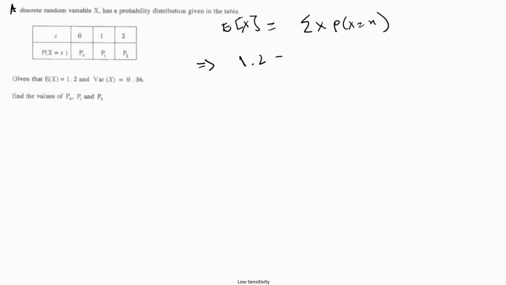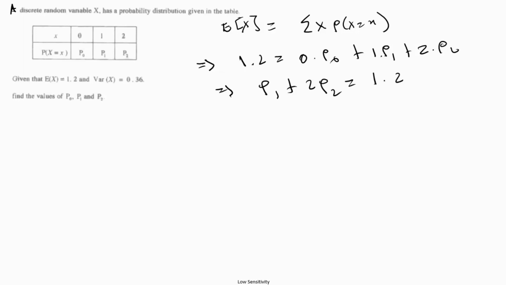So 1.2 is equal to 0 times P0 plus 1 times P1 plus 2 times P2. Therefore, we can reduce this to P1 plus 2P2 is equal to 1.2. So this is our first equation.